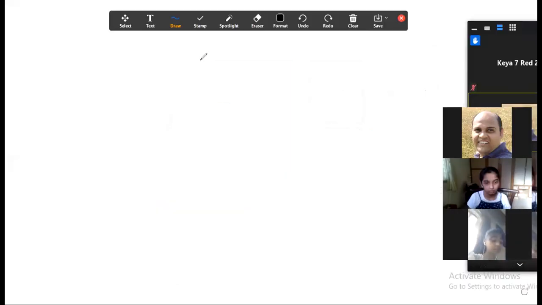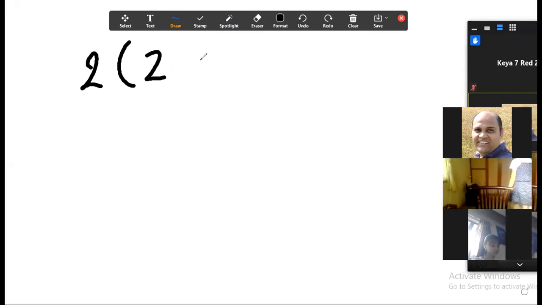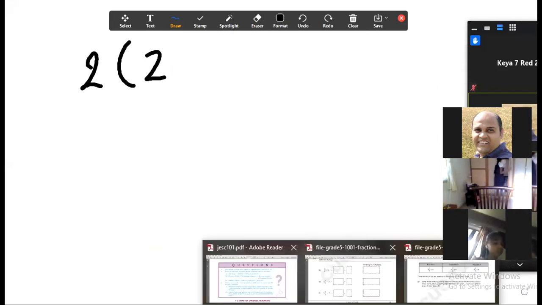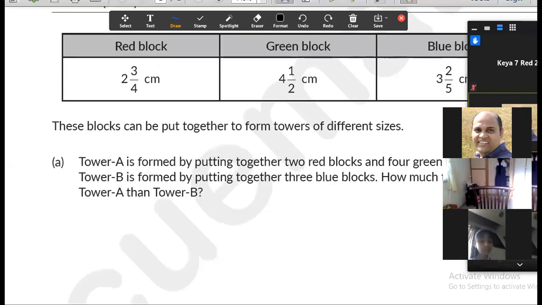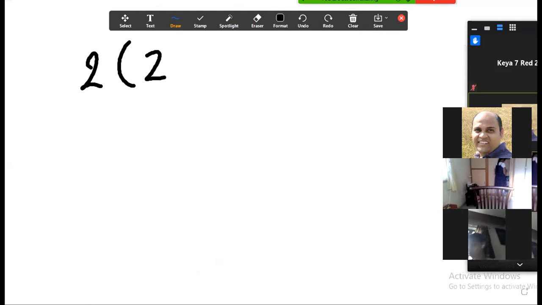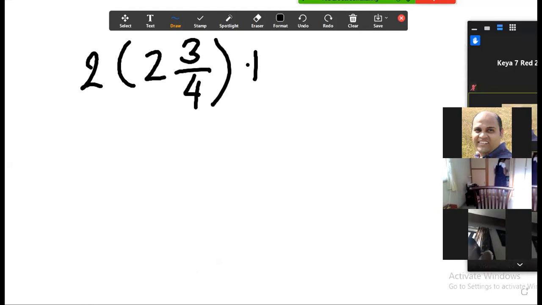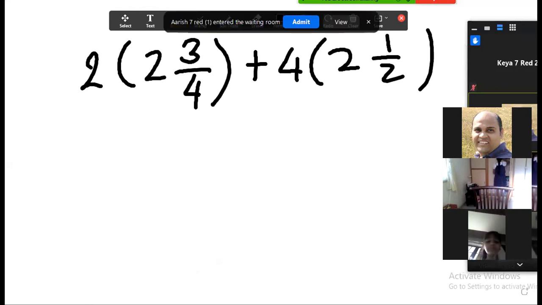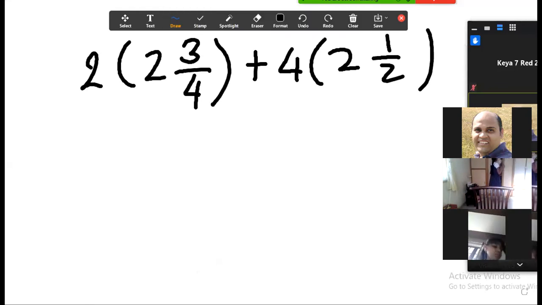तो क्या हो जाएगा? 2 times 2 whole 3/4 plus 4 times 2 and a half. Okay, so first we will solve this part.